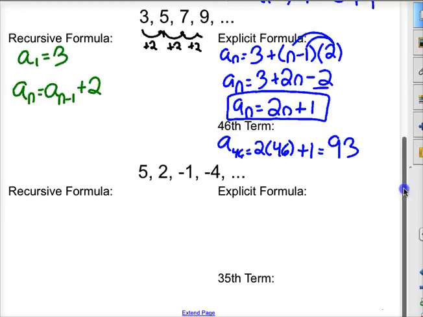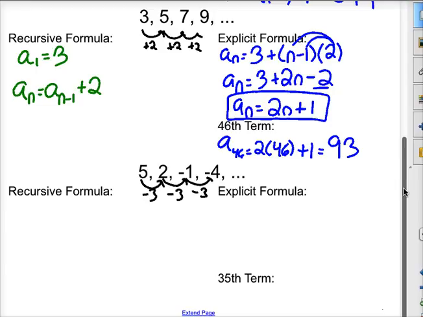All right, one last one that I want to show you. So for this one, notice I've been saying that you're adding the same thing every time, but adding and subtraction go hand in hand. So arithmetic also includes when you're subtracting the same thing every time.